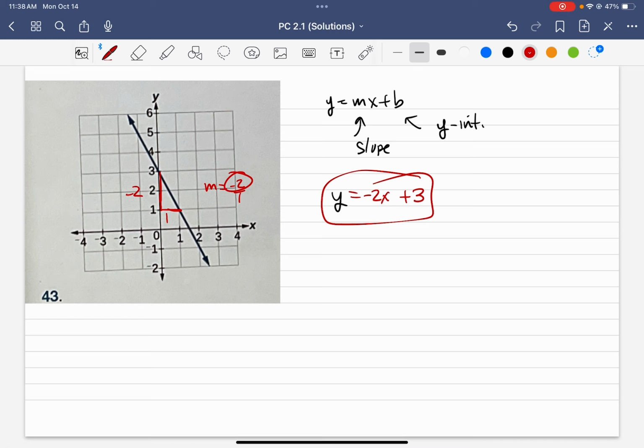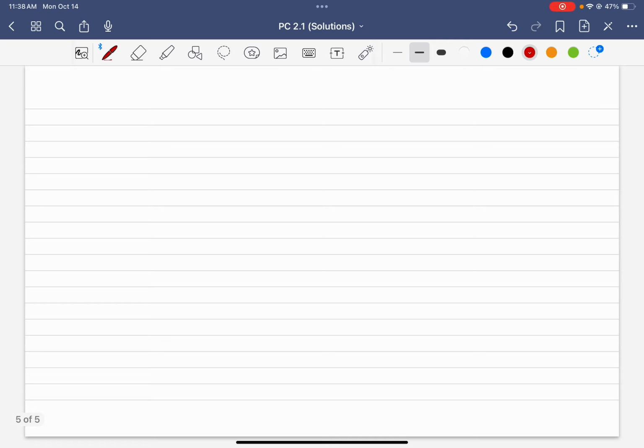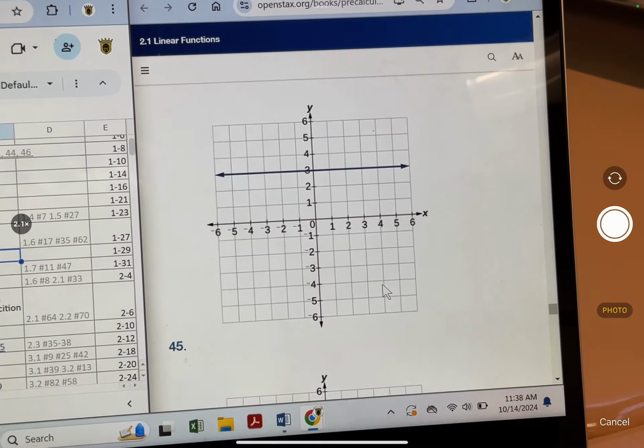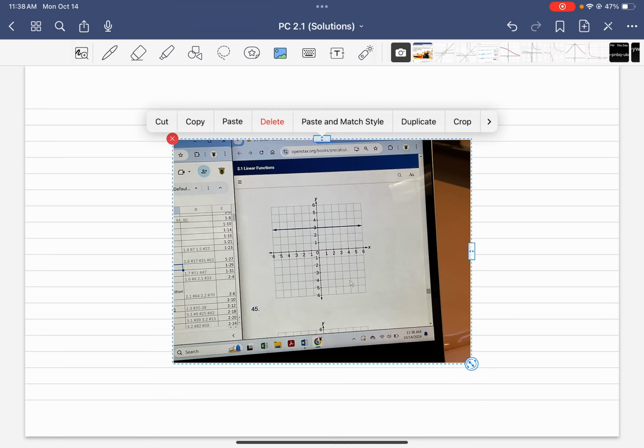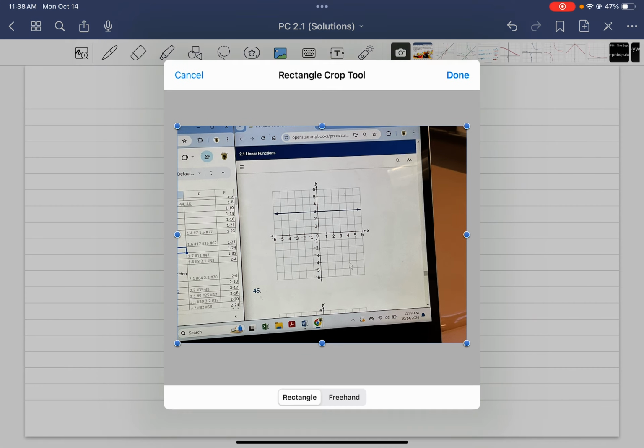So that's 43. If we look at 45, 45 is an interesting question because it's a nice constant function. Crop.